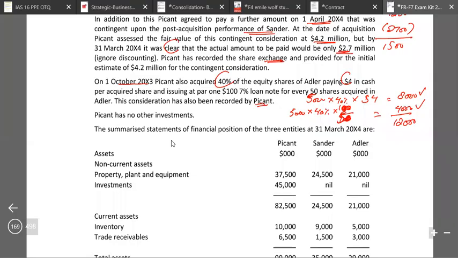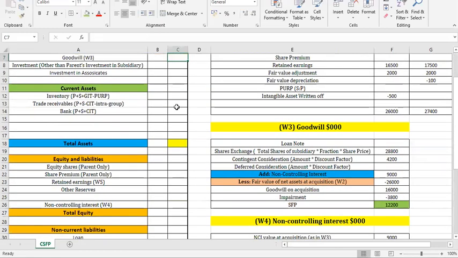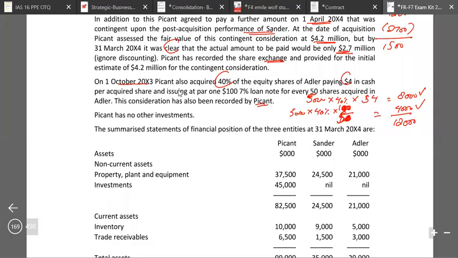plus 24,500, and plus 2,000 and minus 100. This gives you 63,900. The goodwill in working number 2 was 12,200. We need to eliminate the investment. Okay, if you see investment, the investment was 45,000.